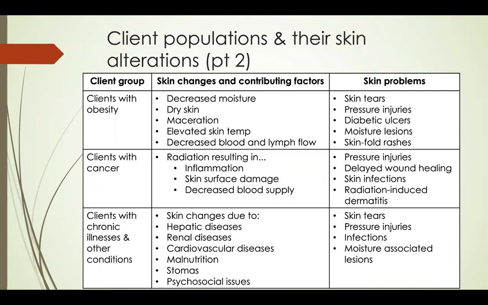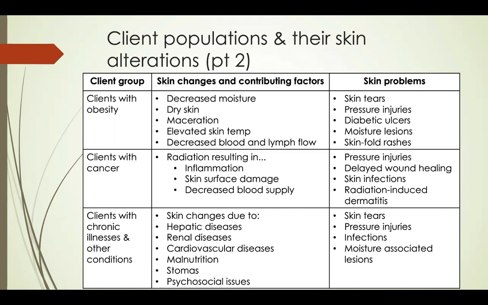So they're more likely to have skin tears, pressure injuries, if they have diabetes, diabetic ulcers, moisture lesions, skin fold rashes. Because when someone has obesity, if they have skin on skin, skin folds, they'll rub up against each other and they can have moisture and friction created as a result.